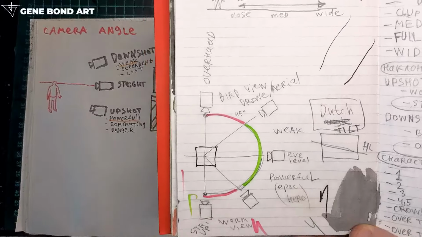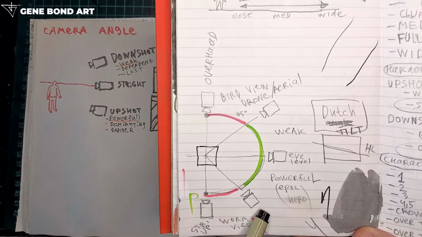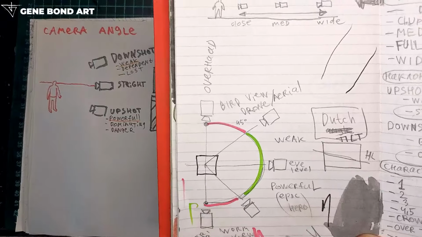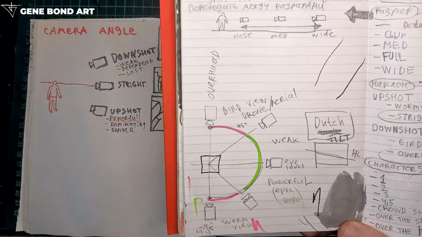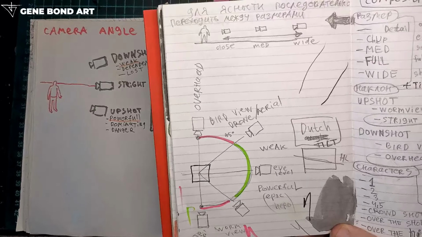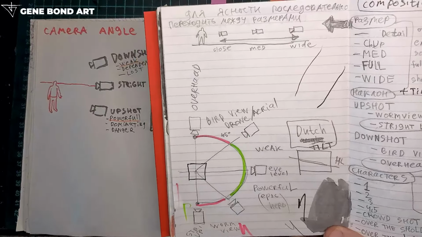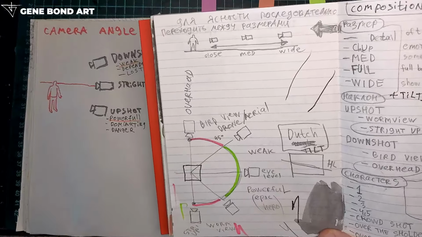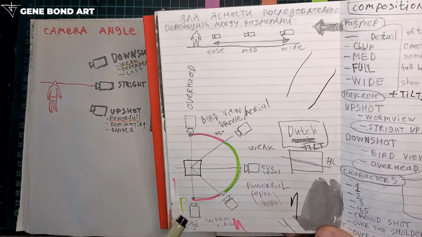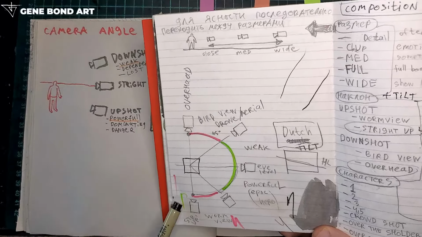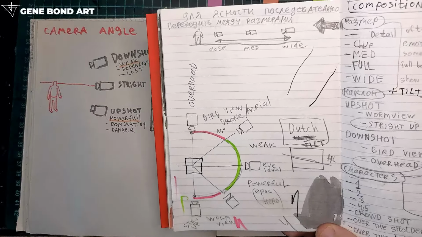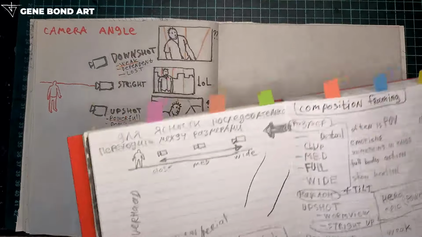Eye level already covered. Then from 45 from below, it will be a worm view, ground view. So the camera can be leaning on the ground. It can be fish eye. It can be not fish eye. A lot of variation here. And straight up, it's the camera looking 90 degrees up, right?